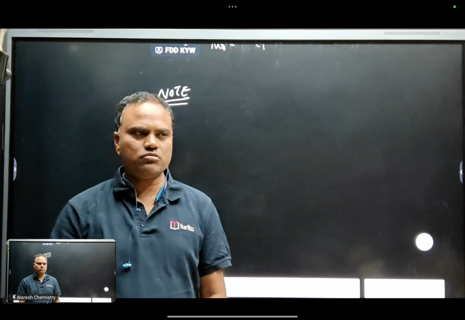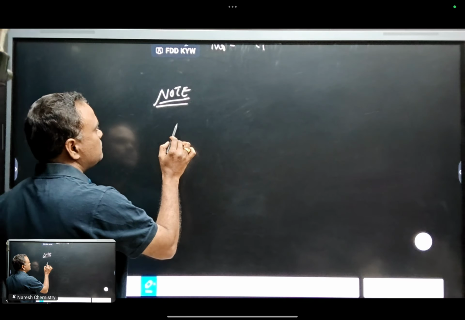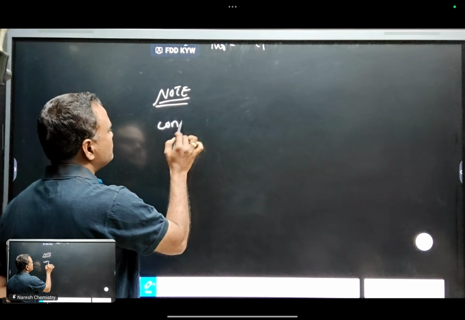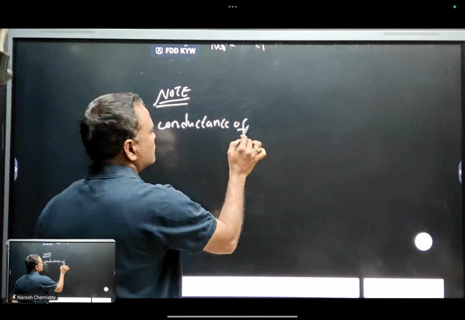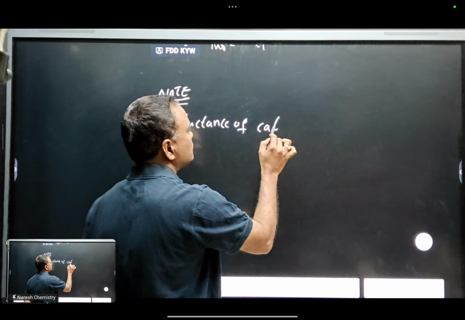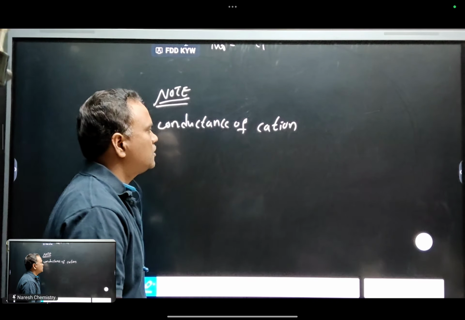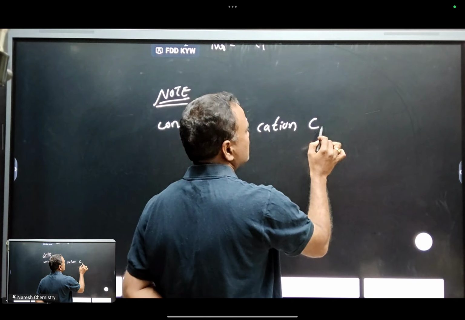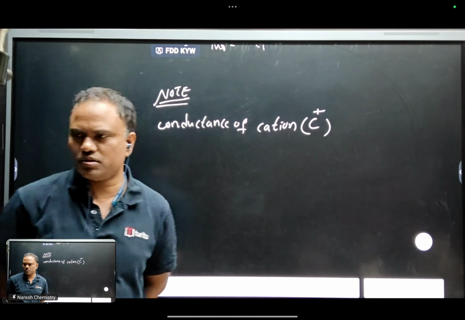Under Kohlrausch law, continuation, conductance of cation. Let us see the symbol for cation, symbol C. Consider cation as C plus.